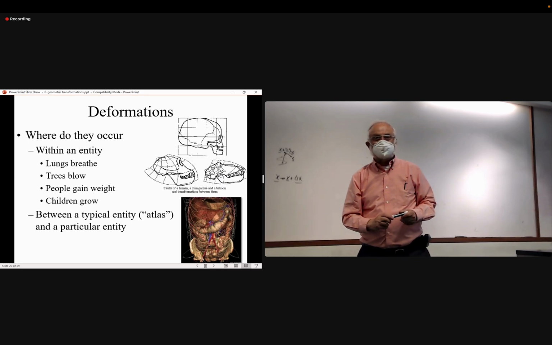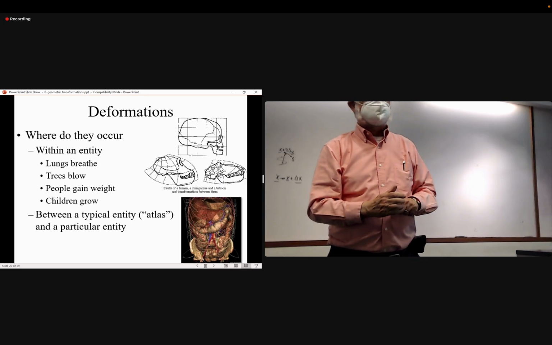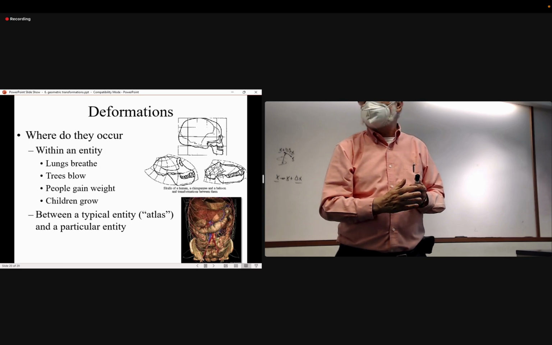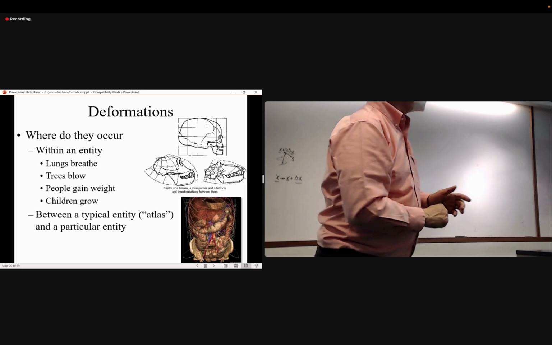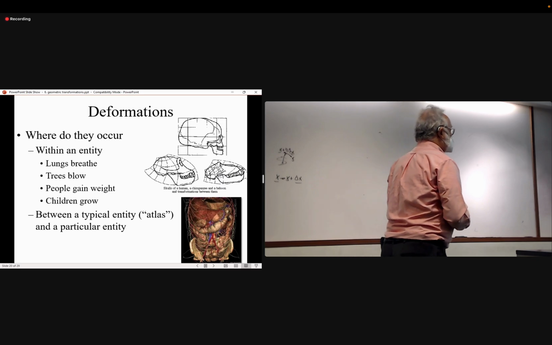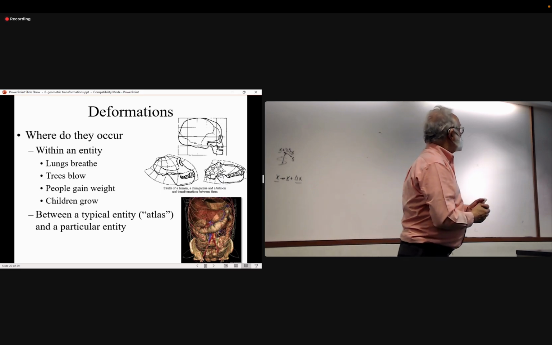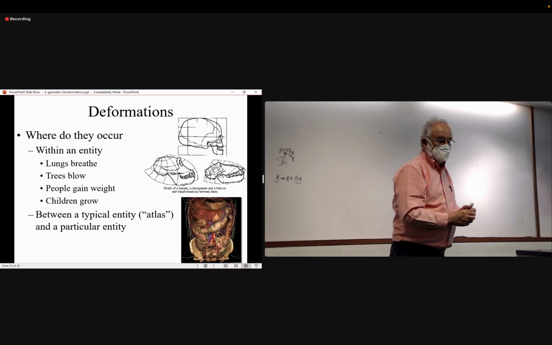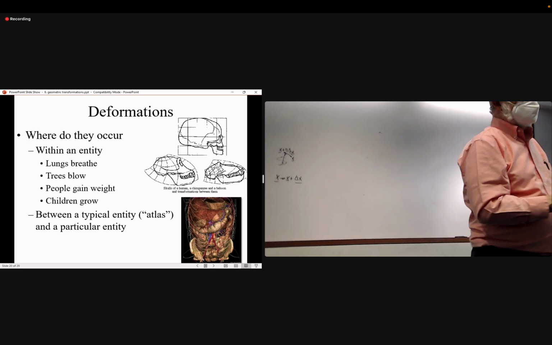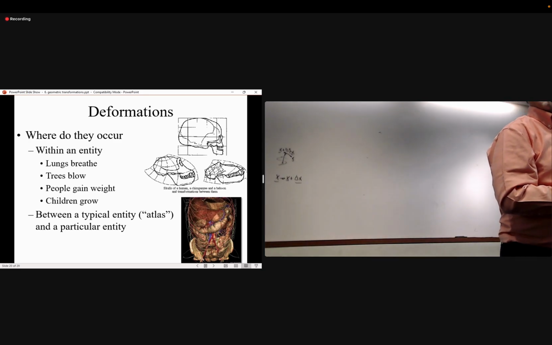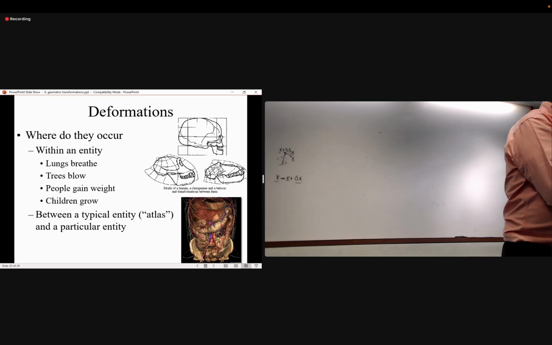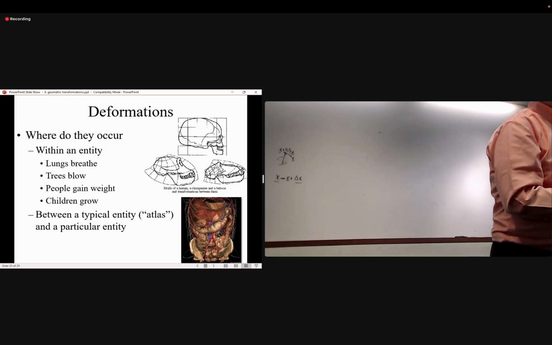Unfortunately, our brains deform in a way of atrophy as we age. Anyway, the point is we want to be able to deal with these relationships between where something was at one time and where something was at another time.